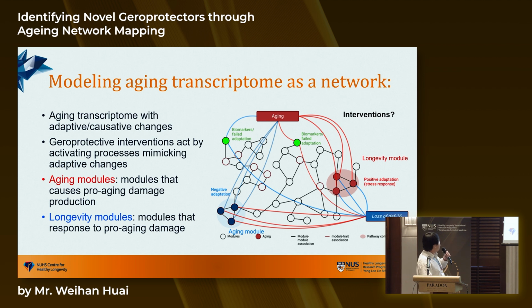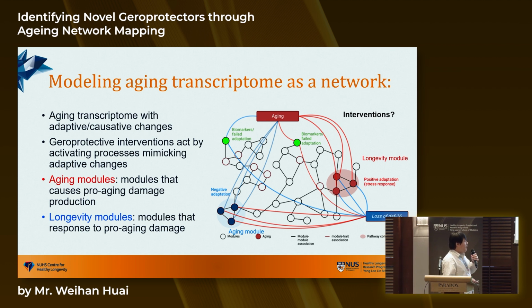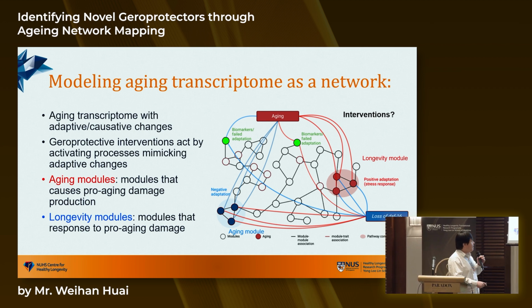So we build this network, and then we see that if a module, which is the co-expressed genes, is expressed, their expression change during aging is different from their expression change upon loss of devastating, and vice versa. It's likely to be a positive adaptation or negative adaptation. And these genes are likely to be, for example, stress response.